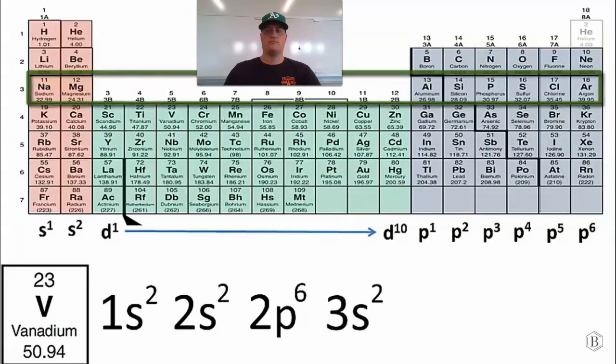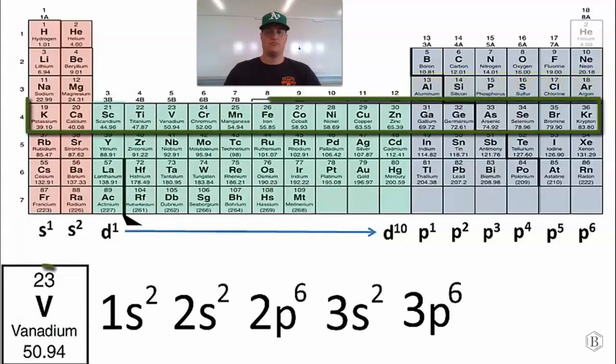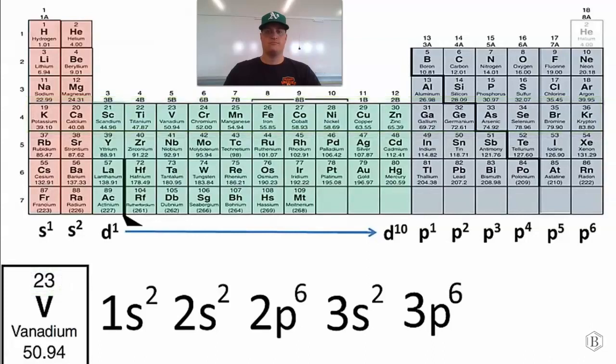Then we have all of the 3p's. Those are full as well, so 3p6. We're down to period 4, and we're getting close to those 23 electrons that we have for vanadium. So in period 4, we have 4s1 and 4s2. Those are full, so we'll write 4s2. And then we're into that D block there, and if we go over 1, 2, 3, that's where vanadium is, so we would expect that we would have 4d3.